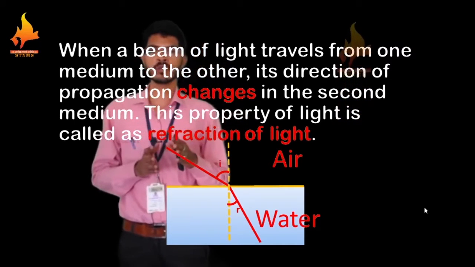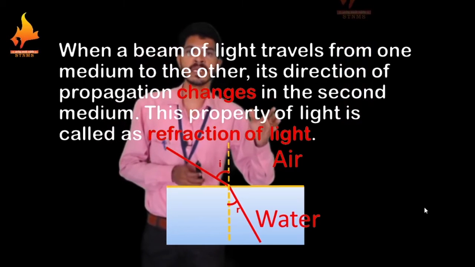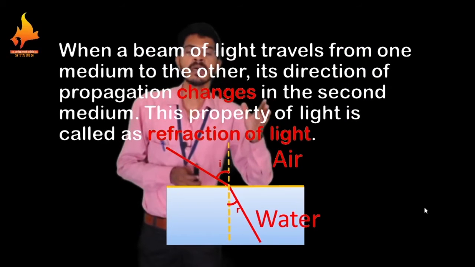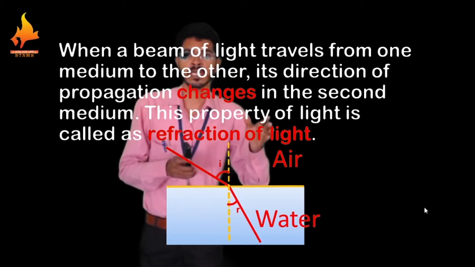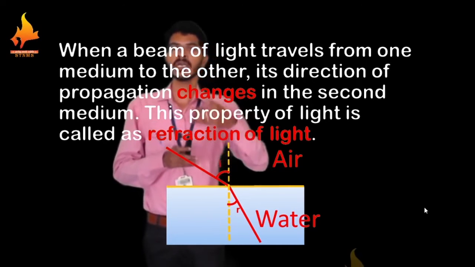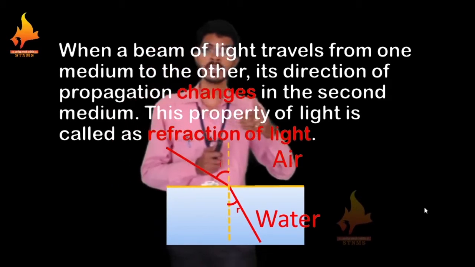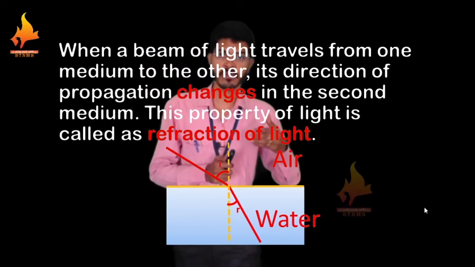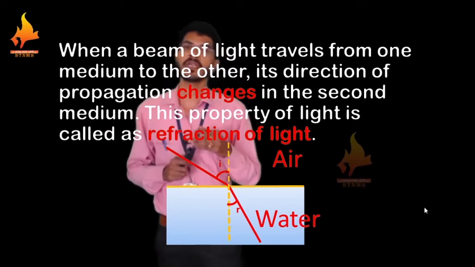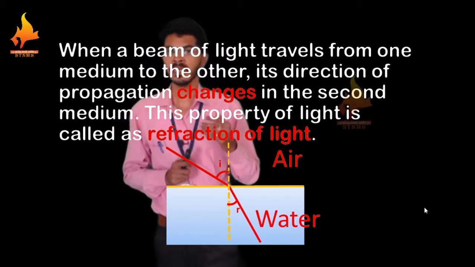So among these two, air is the rarer media and its particles are spaciously arranged, whereas water is a denser media in comparison with air. When you compare water with a slab of glass, the water becomes a rarer media in that case. But in this case, air is the rarer media.